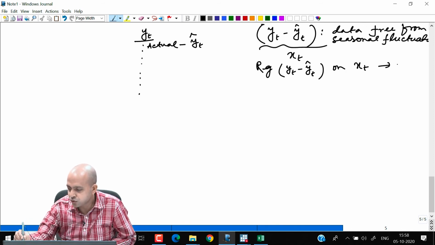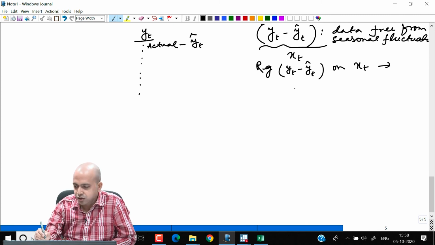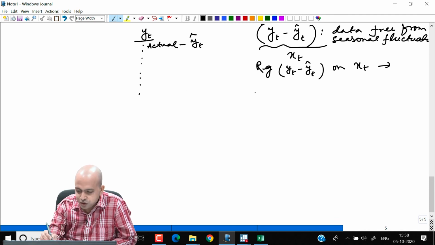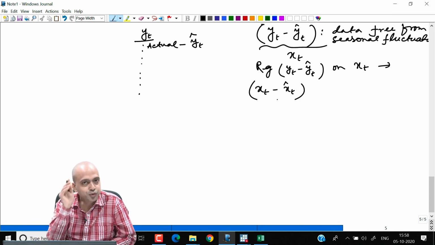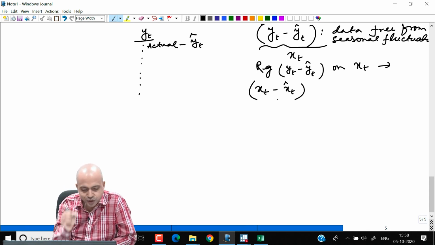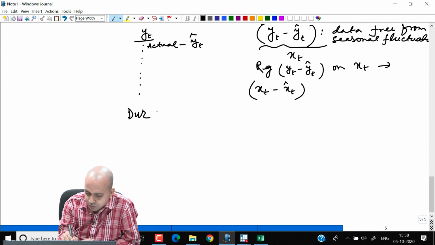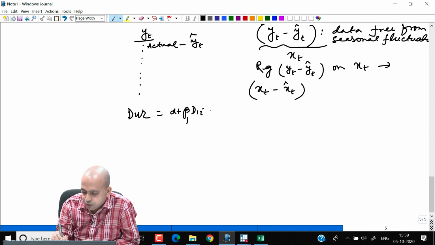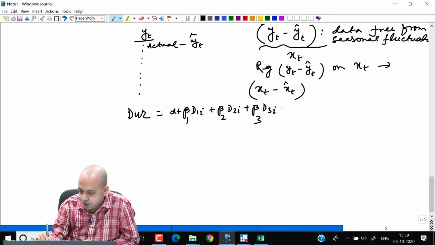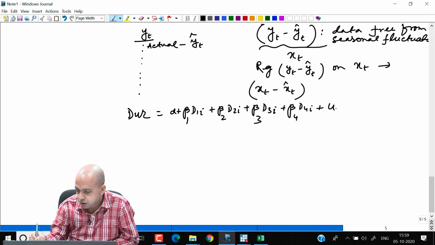then the coefficient what you will get, and if you follow the same procedure for Xt minus Xt hat, that means you have to take Xt as your dependent variable. Your durables would be the dependent variable. Then alpha plus beta 1 D1i plus beta 2 D2i plus beta 3 D3i plus beta 4 D4i plus ui.